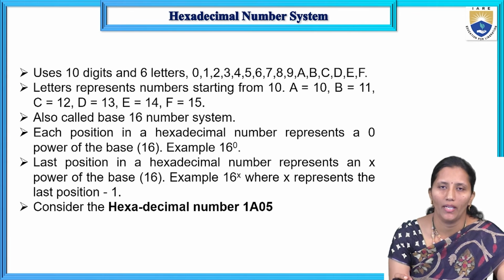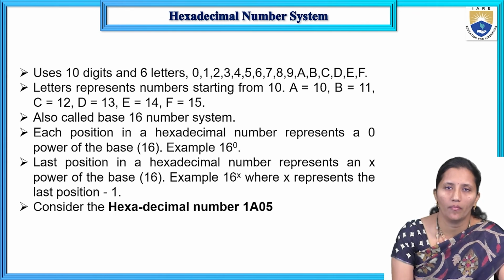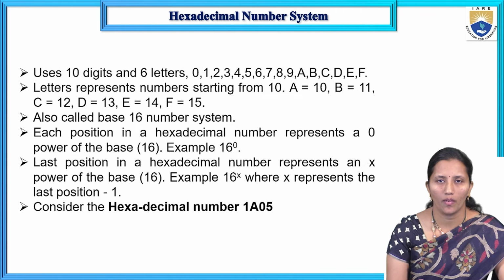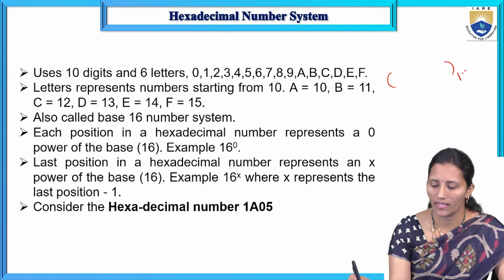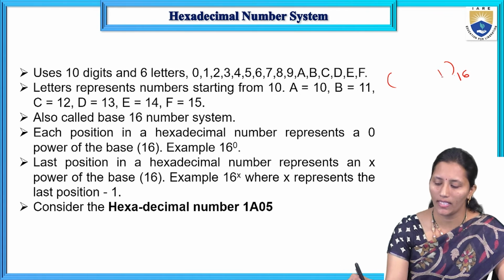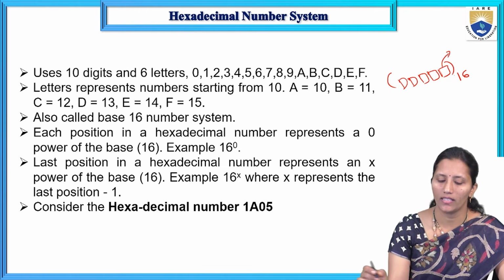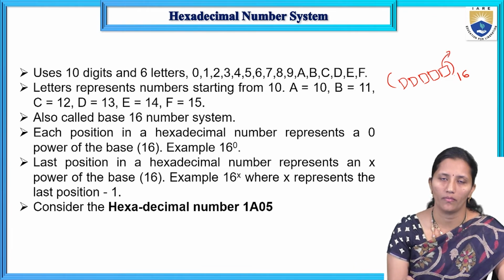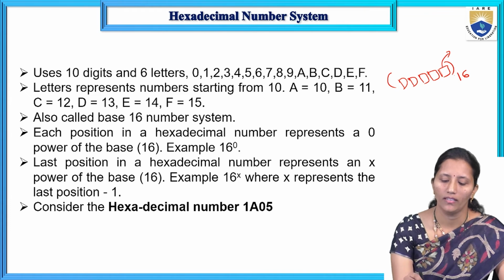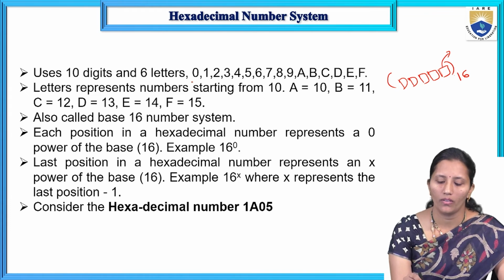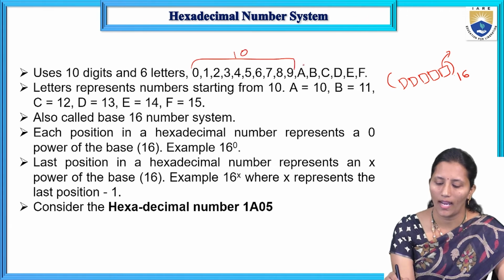So, hexadecimal number. In the hexadecimal number system, the base is 16. Okay, each digit, whatever digits we are using, the range is from 0 to F. So here in total we are going to use 10 digits, 0 to 9, and 6 letters.